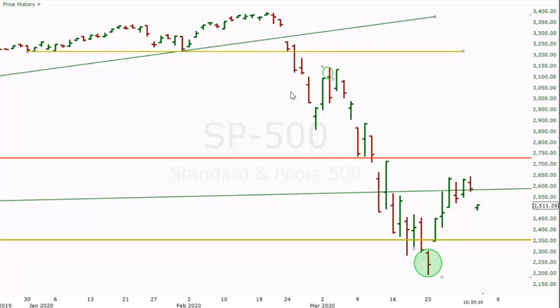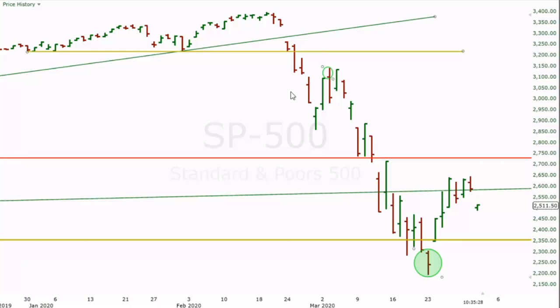Because again, if we talked about the day where we got the big run up and then the gap up, this is a similar type of thing after the huge rundown, and people are looking at the zone.